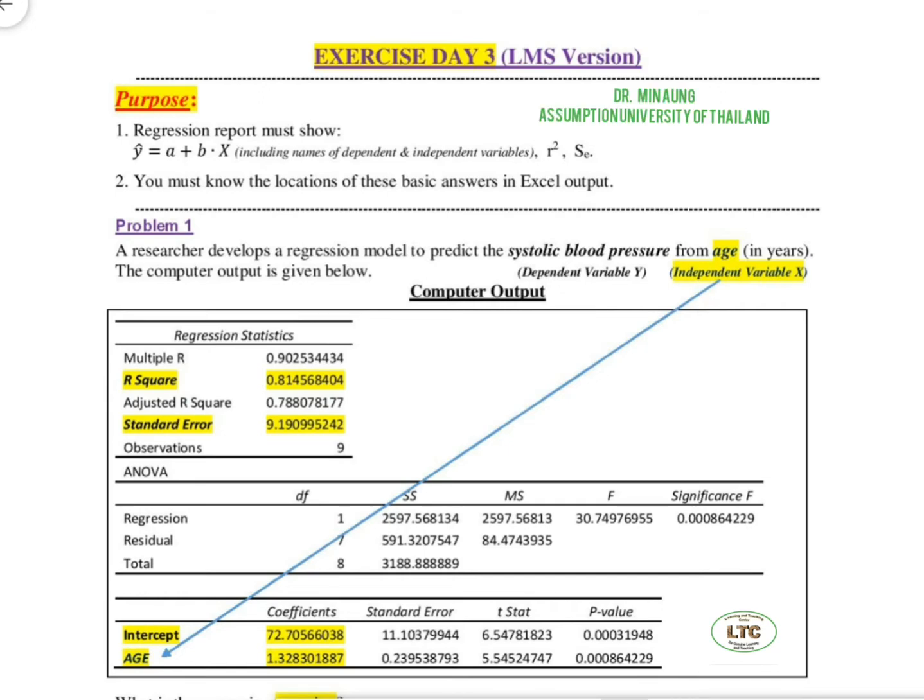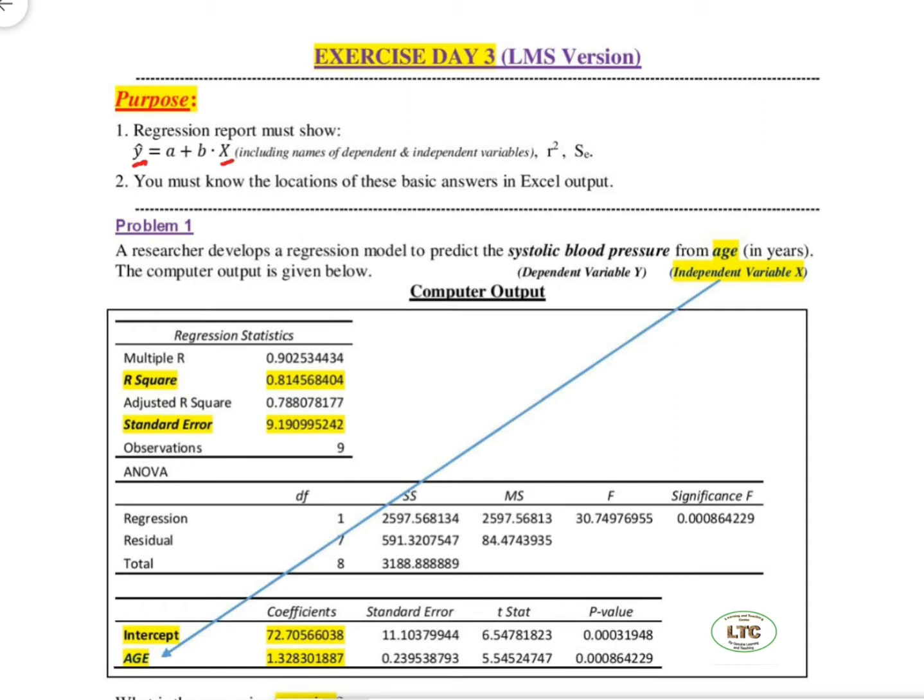Purpose: the regression report must show y hat is a plus bx, including names of dependent and independent variables. Dependent variable is y on the left, independent variable is x on the right.